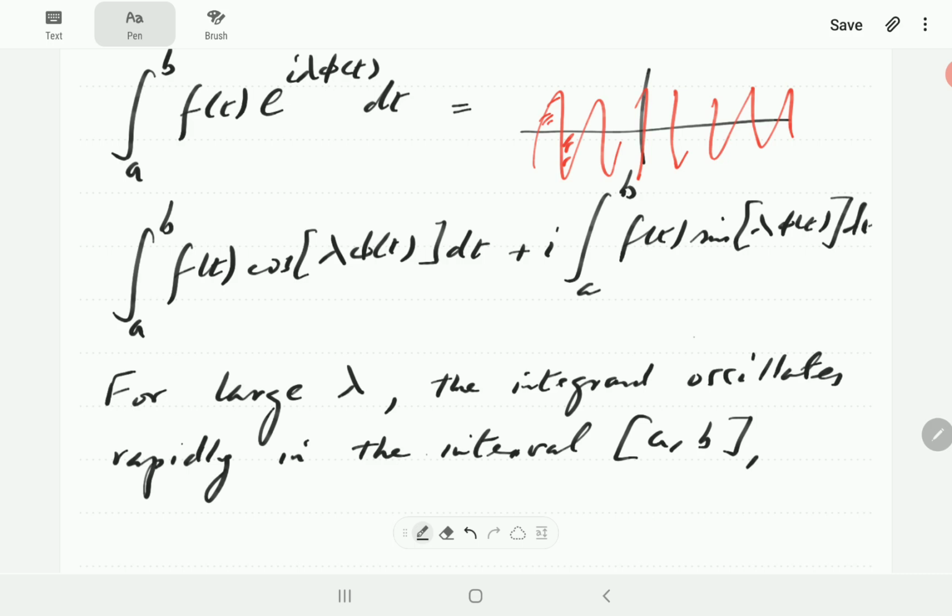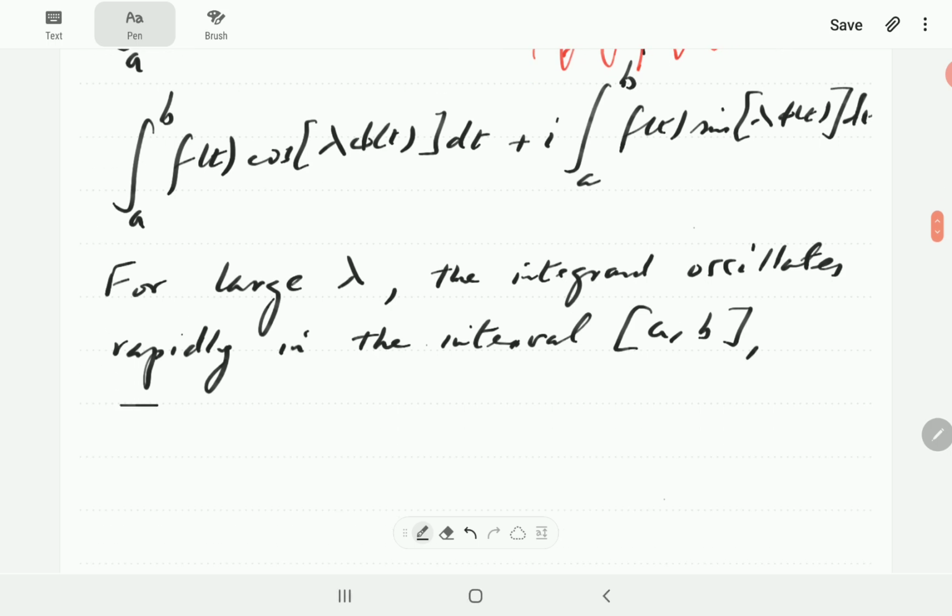But what we're going to note is that the rapid oscillations are going to be absent from the vicinity of points where phi has a stationary point.